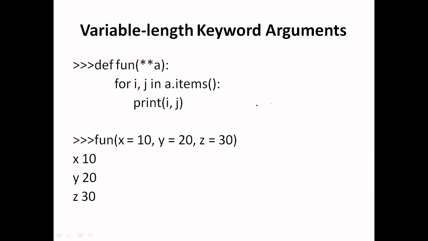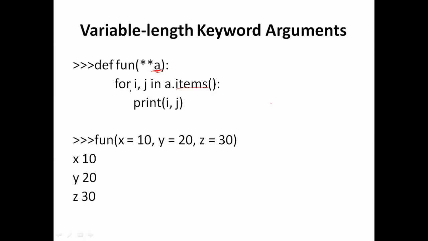Earlier it was a tuple in the case of variable length argument, but in the case of variable length keyword argument it is a dictionary. So here variable a is a dictionary, and we know a dictionary has a function items which returns the key and value as a pair.